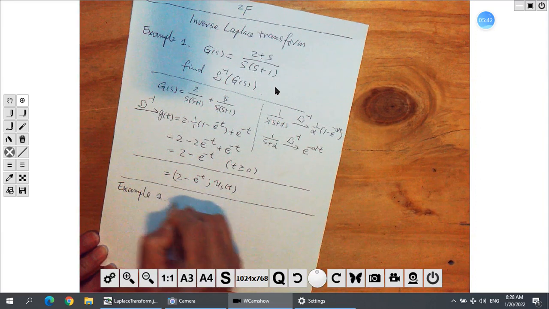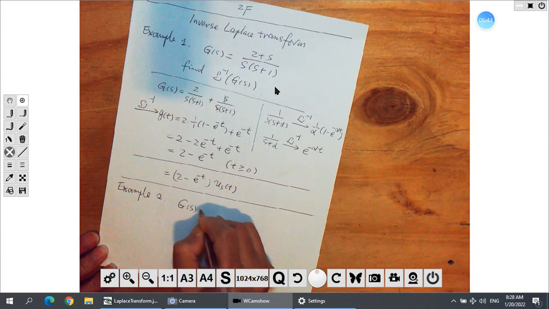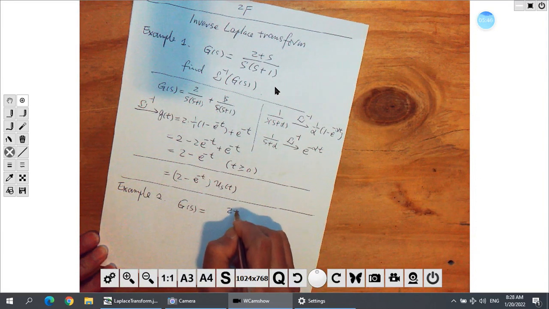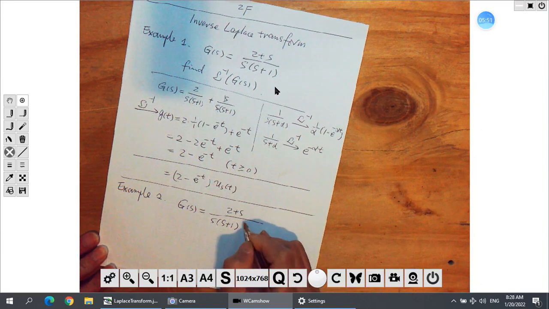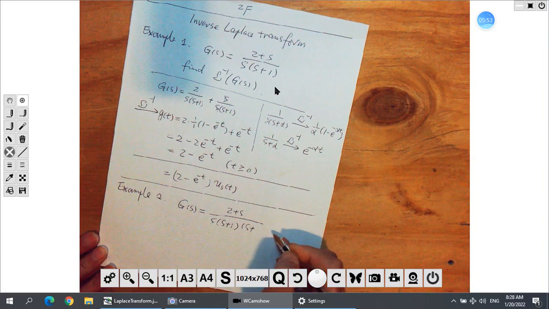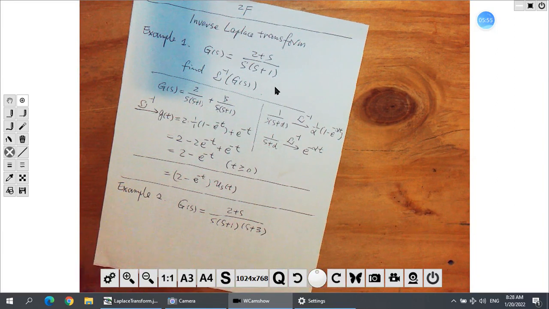Example 2. g of s is (2 plus s) over s times (s plus 1), but I have one more term, (s plus 2) and (s plus 3). One more term. Then we can check the table.